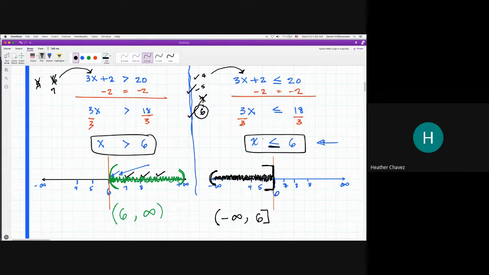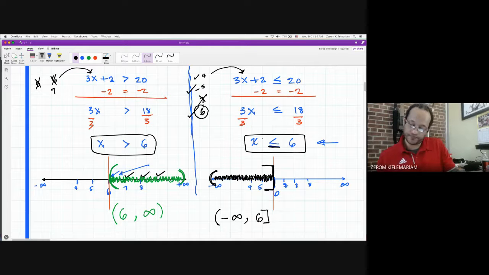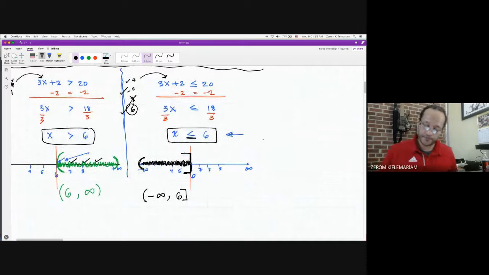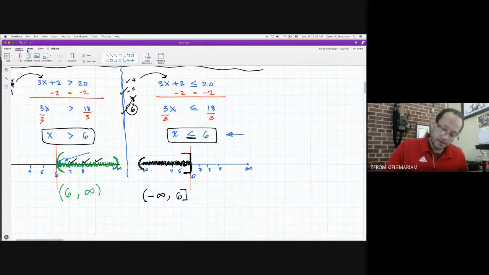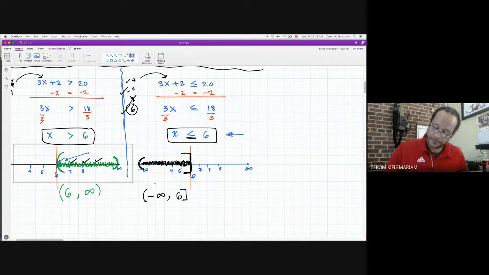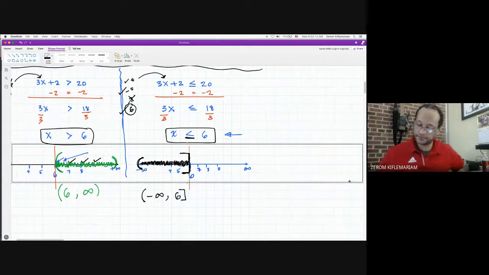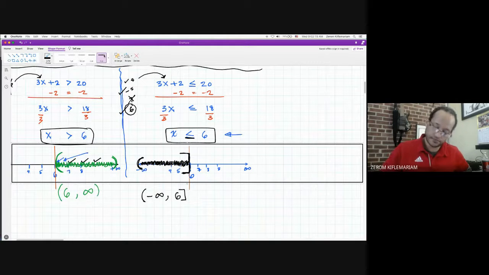The first one, let me see if I can squeeze it a little bit. I'm going to clarify this one, okay? So above, in the middle, and below.